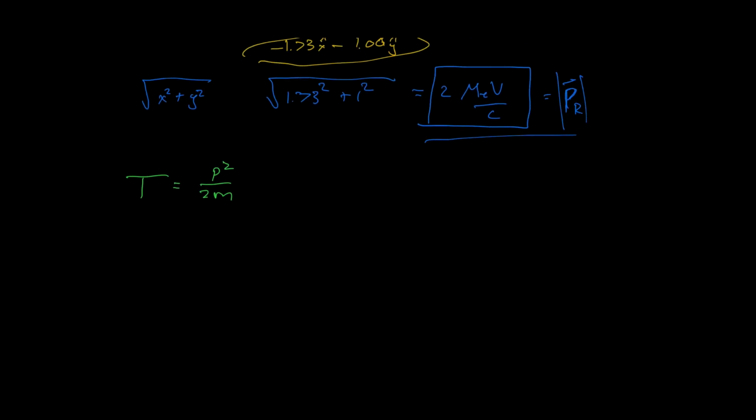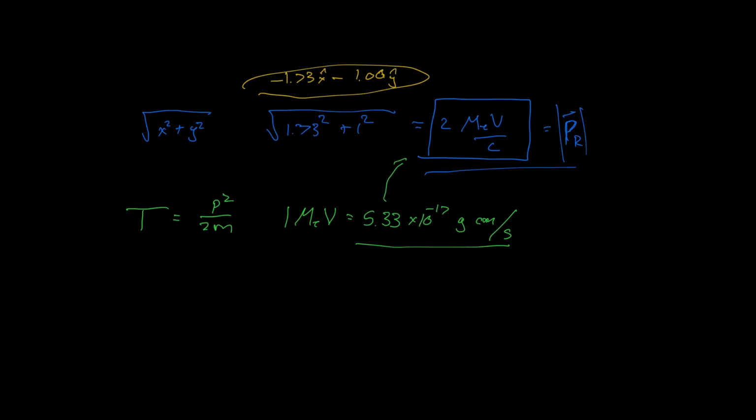So 1 MeV/c in CGS is equal to 5.33 times 10 to the minus 17 grams centimeter per second. It just makes it a little bit easier. We have two of them, right? So that's 1.066 times 10 to the minus 16 grams centimeter per second. So this is our momentum in CGS.